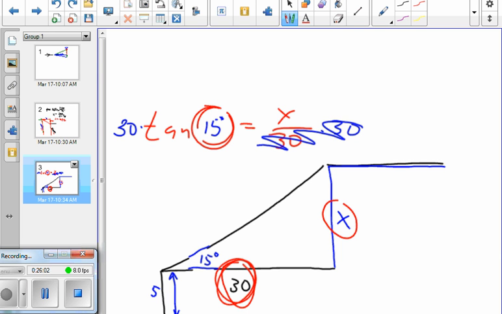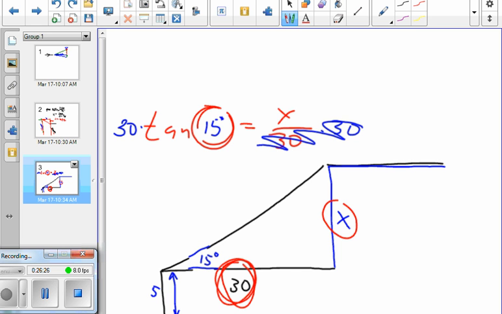Tangent of 15 is 0.267. I'm going to times that by 30, and then add the height of the eyeballs. Hold on. So what we were sighting to was about 13 feet high.